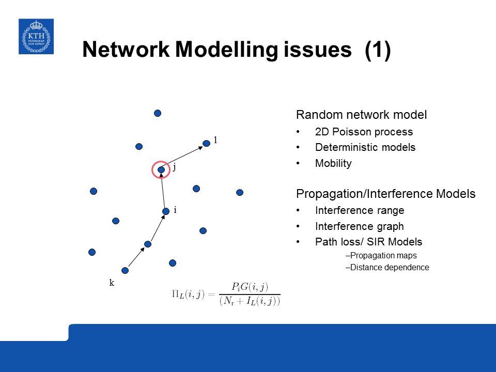If the signal to noise plus interference ratio is higher than a certain value, then we say the transmission is successful. Otherwise, the message is lost, either due to noise or to a collision.